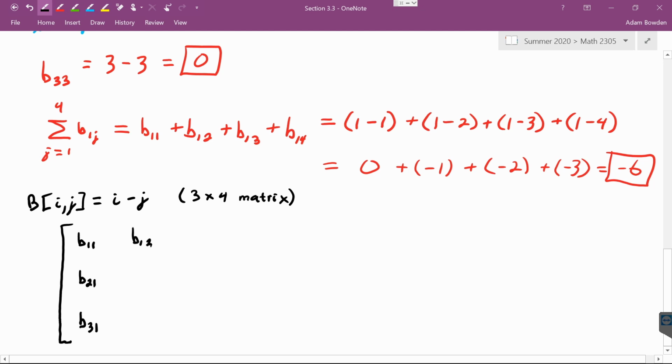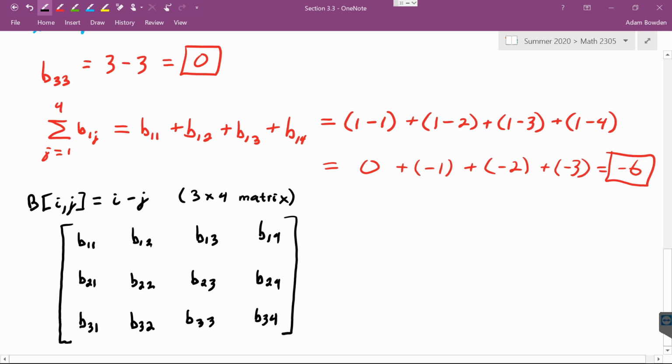Then we'd have B sub 1,2, B sub 2,2, B sub 3,2. And then we have B sub 1,3, 2,3, and 3,3. And then lastly 1,4, 2,4, 3,4. That's just listing out the subscript numbers for each of the entries so that we can then use the formula to calculate each of them.